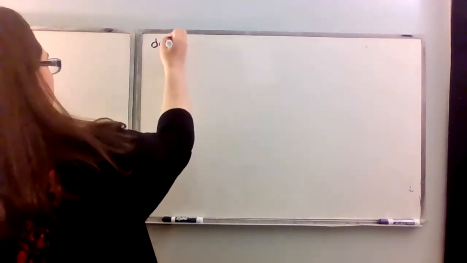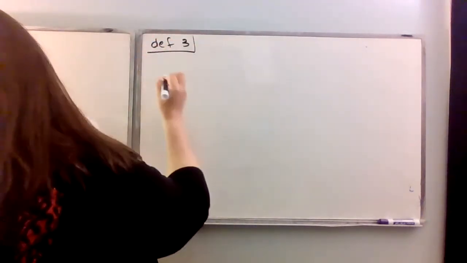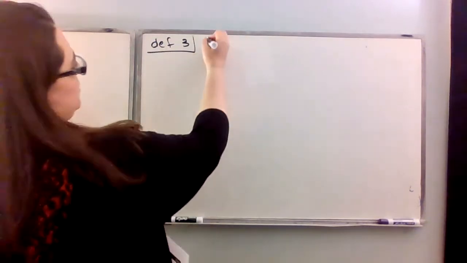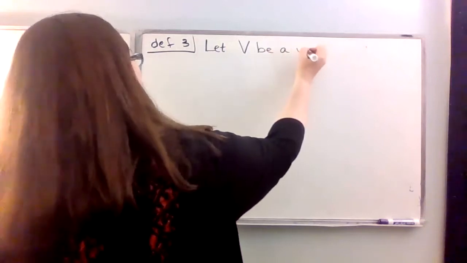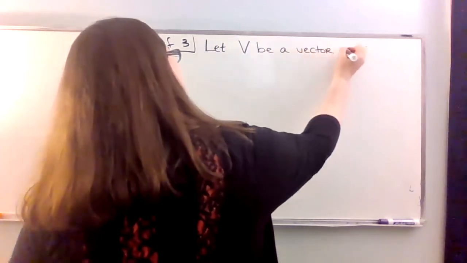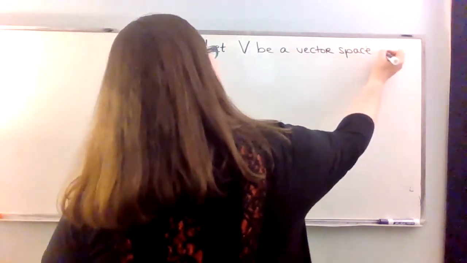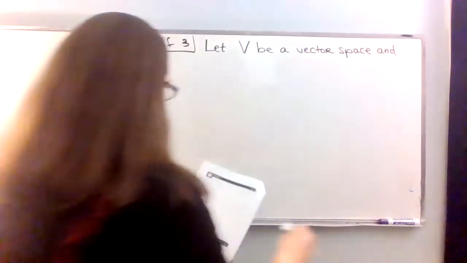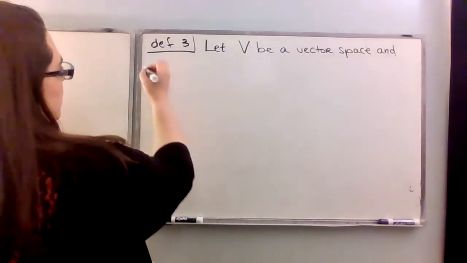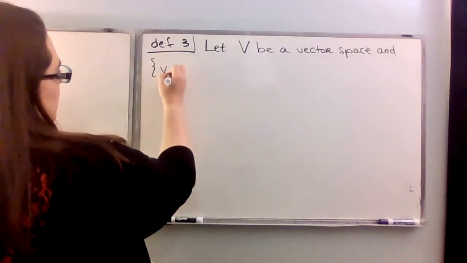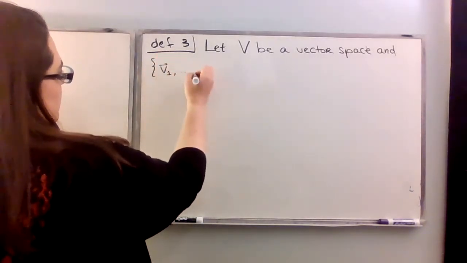So this is definition 3. We're going to let V be a vector space. So let capital V be a vector space, and we're going to have a set containing v1 through vn. These are vectors.